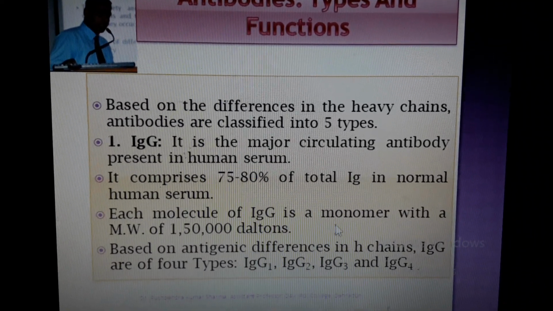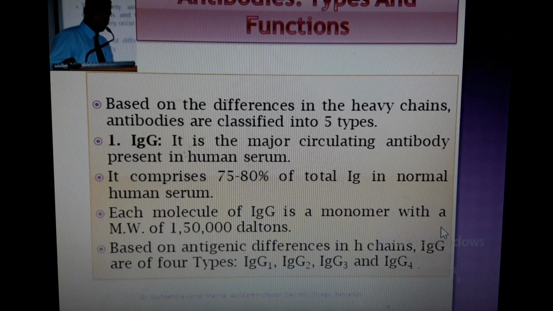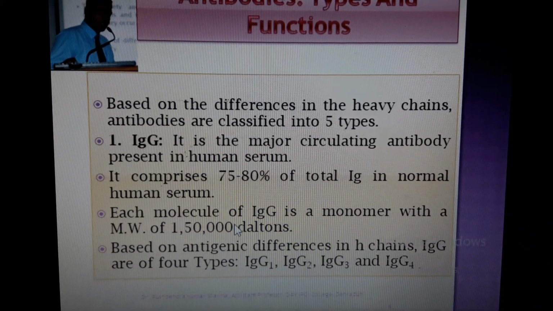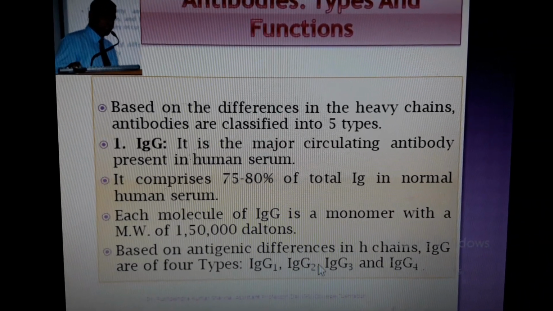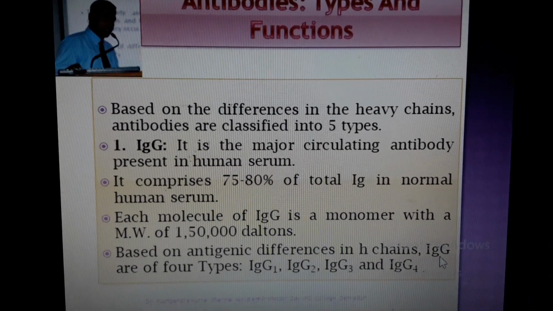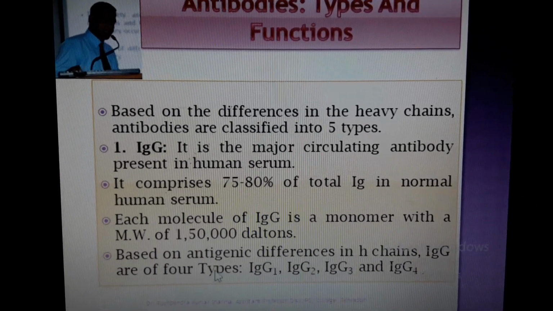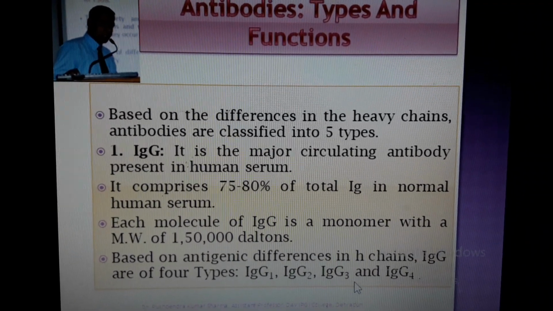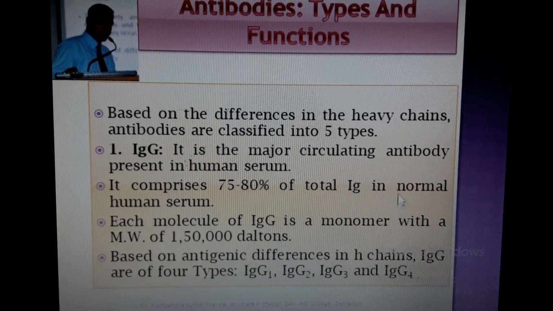Each molecule of IgG is a monomer with a molecular weight of 1,50,000 daltons. Based on antigenic differences in H chains, IgG are of 4 types: IgG1, IgG2, IgG3 and IgG4.